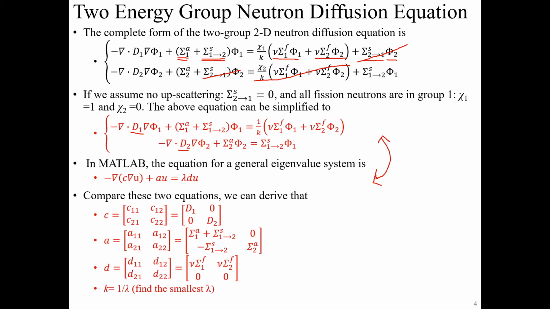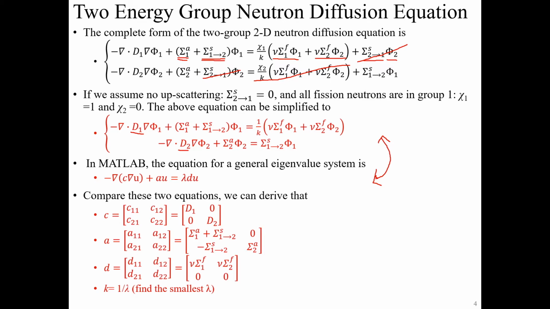Then A is determined by this formula. You can see that A11 is equal to sigma A1 plus sigma S12, A21 is negative sigma S12, and A22 is sigma A2.